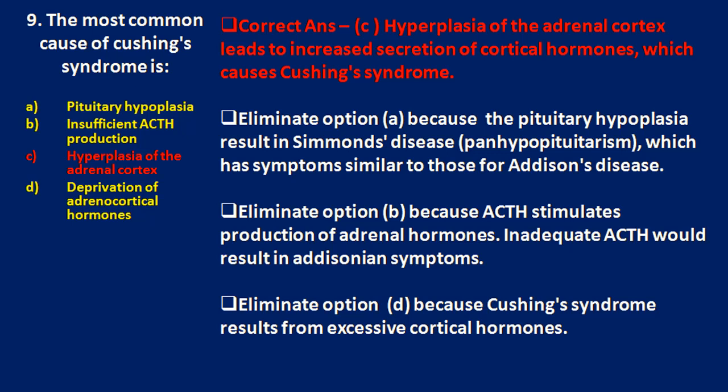Option D can be eliminated because Cushing syndrome results in excessive cortical hormones. Here we should have the understanding that Cushing syndrome is due to the excessive cortical hormones. So option C, hyperplasia of the adrenal cortex, causes excessive cortical hormones and it results in Cushing's syndrome.